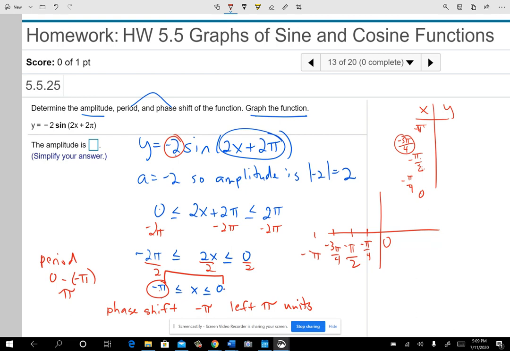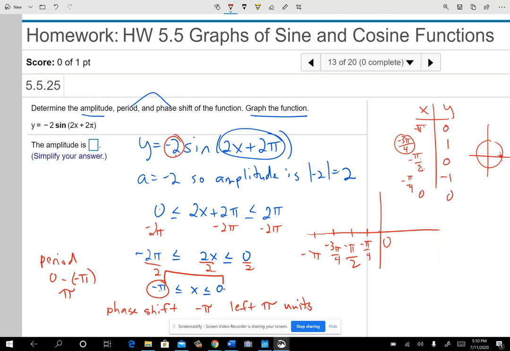Remember how sine normally starts right at 0. When you think about those 5 key spots, sine starts with 0, goes to 1, goes to 0 again, goes to -1, and then goes back to 0 again.